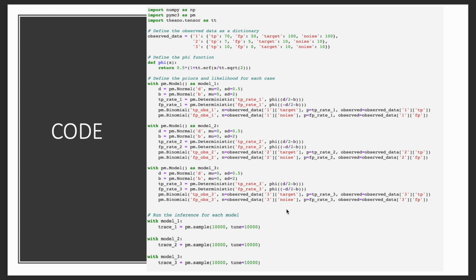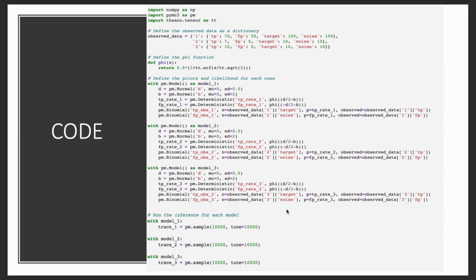The models are defined using the PyMC3 probabilistic programming library. As can be seen in the slide, the observed data dictionary contains the observed number of true positives, false positives, the total number of positive samples, that is target, and the total number of negative samples, that is noise, for each model.